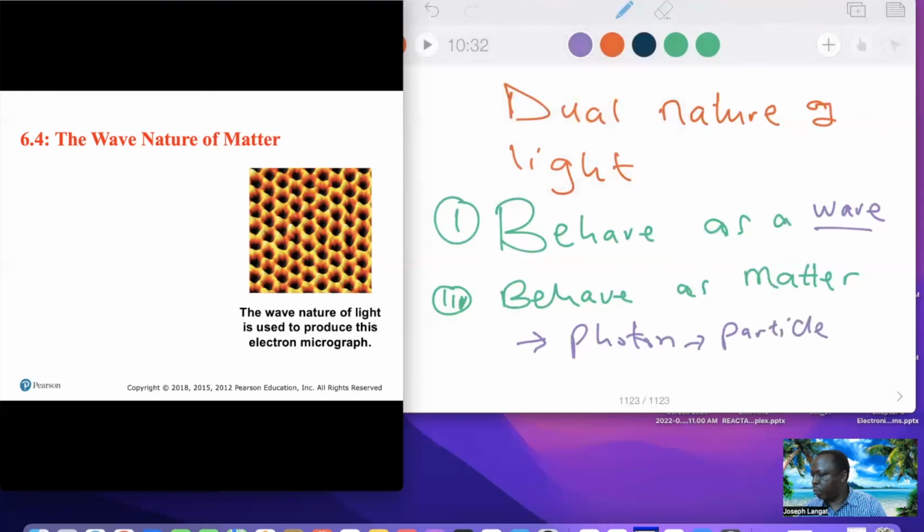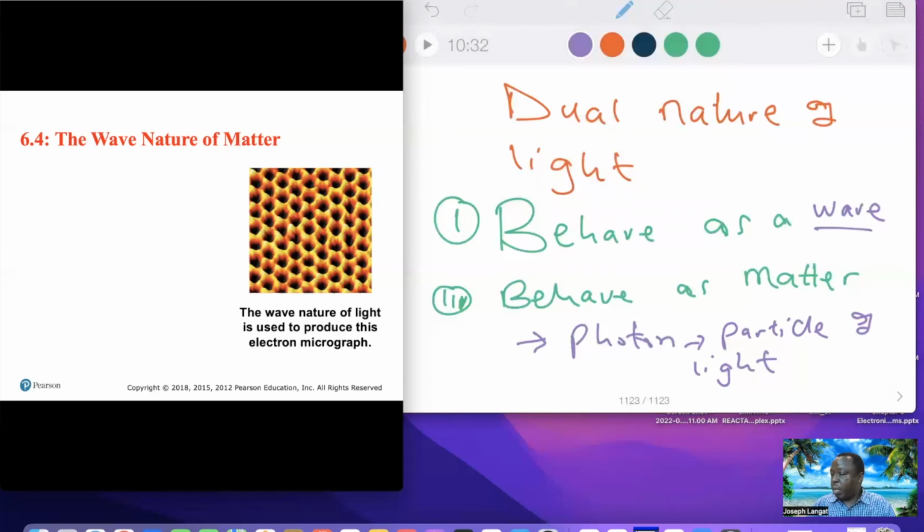Which means light behaves as matter, even though it doesn't occupy space, right? It has no volume. You cannot say this is the volume of light, but it is behaving like matter.